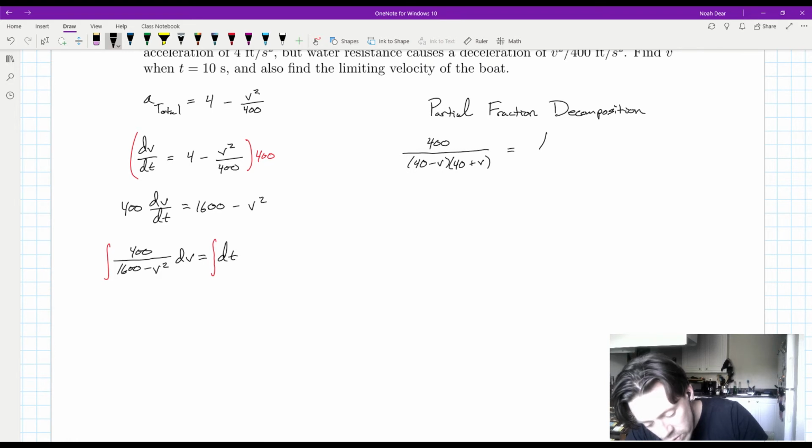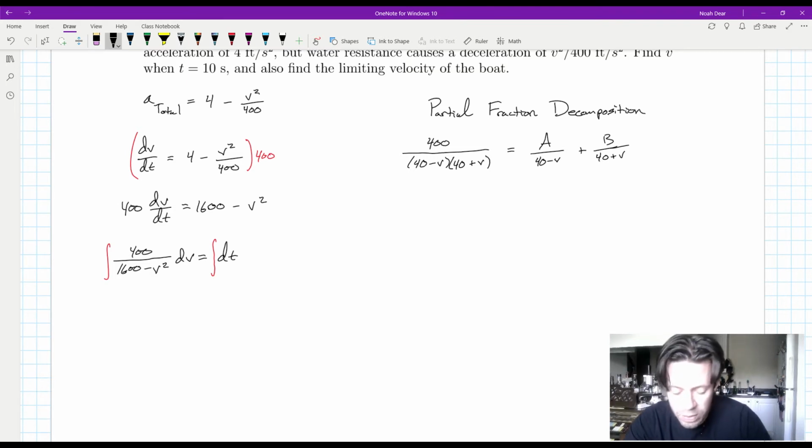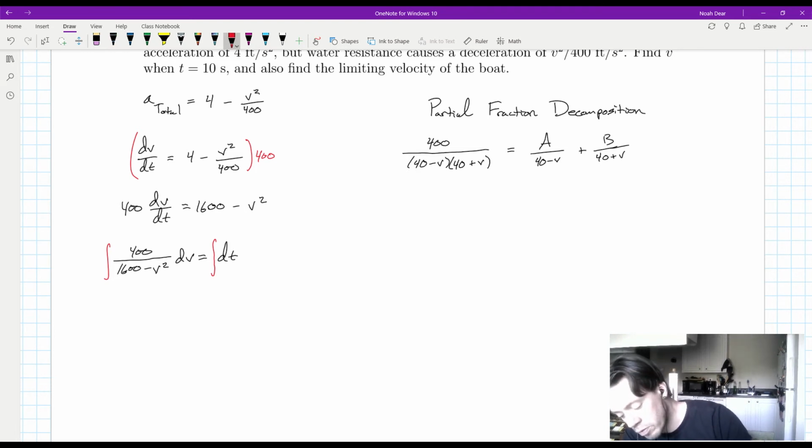And we want to write this as two separate fractions, one with the denominator of 40 minus v and the other with a denominator of 40 plus v. And we need to find the constants a and b so that these two fractions will add up to 400 divided by 40 minus v times 40 plus v, our original fraction there.